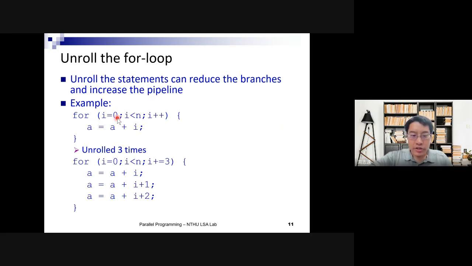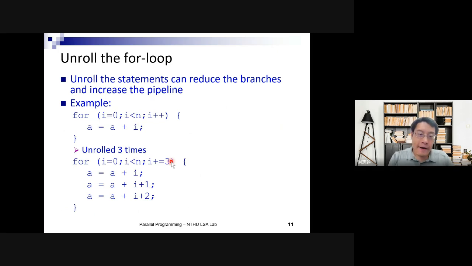If you can unroll it, like what we see over here, then you can reduce the statements for checking the condition, and so you can shorten your execution time. So unrolling the for loop is always a way to optimize performance.